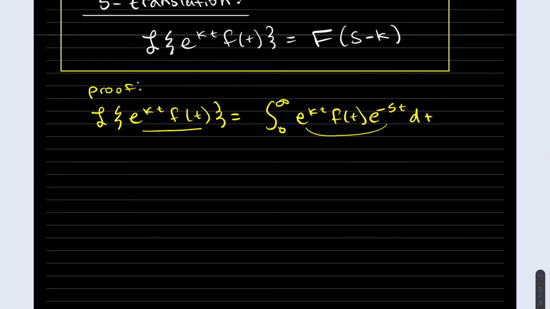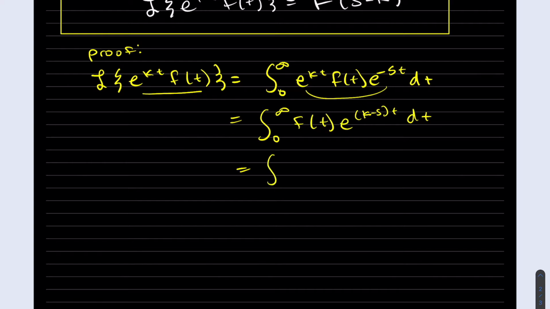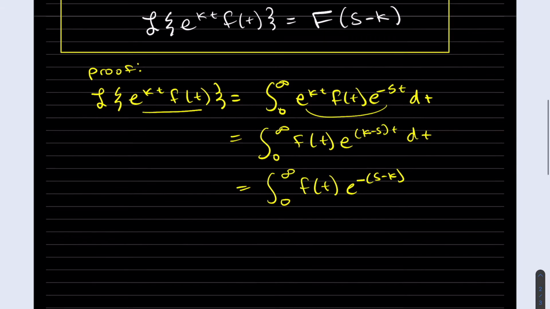You combine those. And I'm going to do one more step, and you'll see why in a minute. I'm going to pull out a negative there. So that's minus s minus k. You might see where we're trying to go. So that is equal to that.